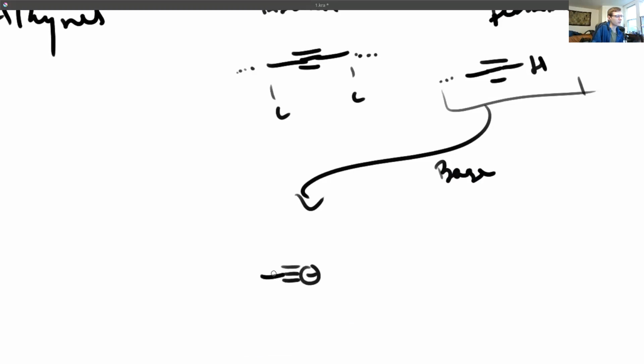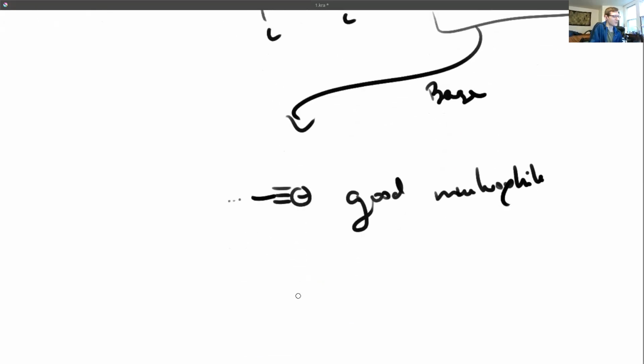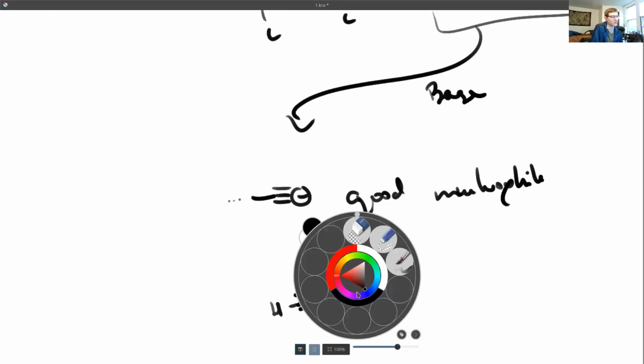We could deprotonate these things, right? And then this is a pretty good nucleophile. In fact, you get bonus points if it's just this guy, because this is like a really great nucleophile, right? This thing is tiny, and it's got a minus charge on it, and you have to give it a pretty good base to be able to do this. So that's pretty nice.